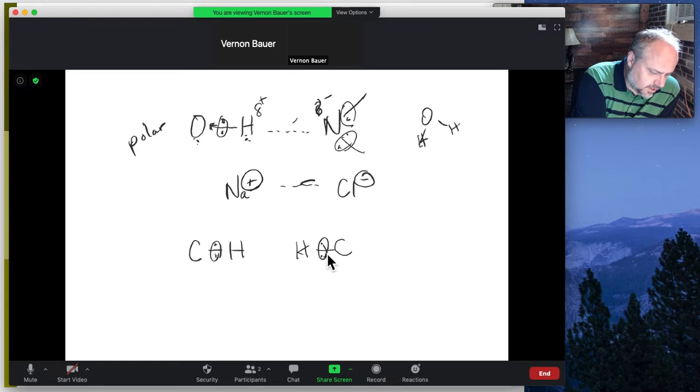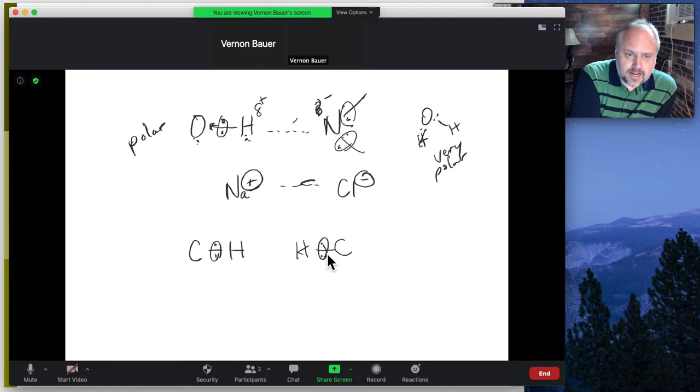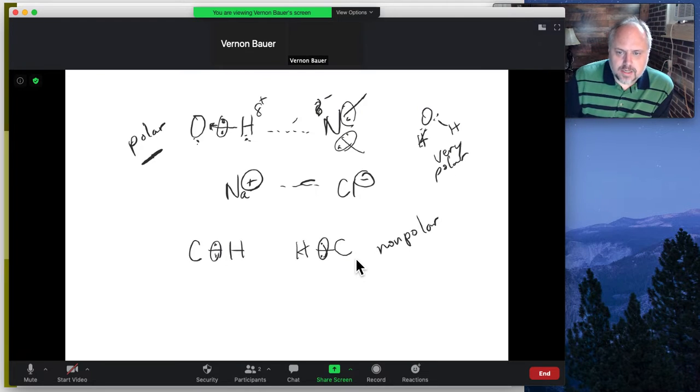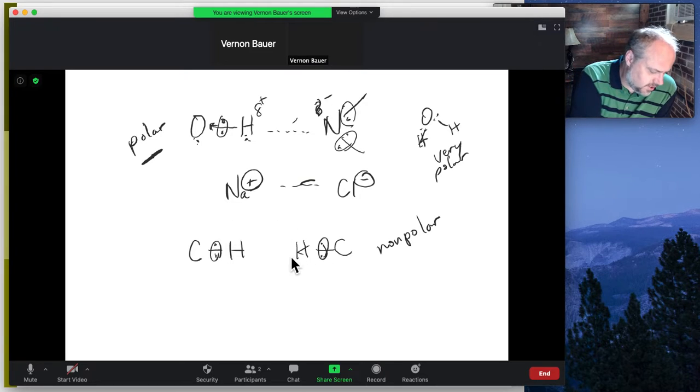H2O is very polar. Okay, and so very polar means that I'm going to like to interact with polar over here. So this is what you might find in an aqueous environment. This is what we call nonpolar. And so this does not like the water environment.